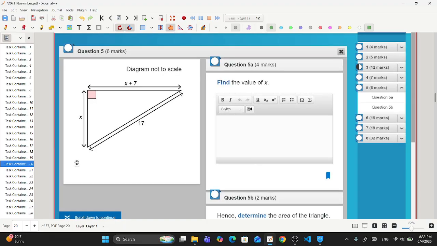Question 5. Find the value of x. Whenever you all see a right angled triangle, I would recommend you all to remember 3 things in mind.